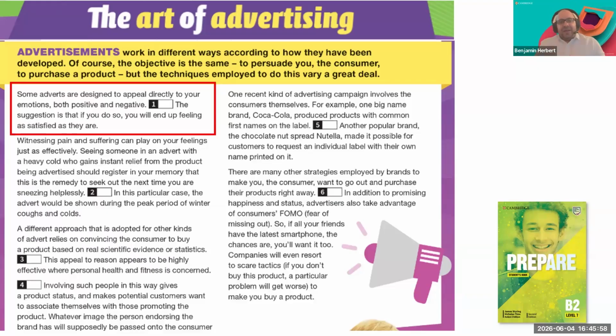Now, if we encourage our learners to read through the whole text quickly at the beginning, then that should give them a good idea of not just the topic, but also the general flow of ideas in the text. They should have a very general idea of what the topic of each paragraph is. So they can begin to use that top-down processing.